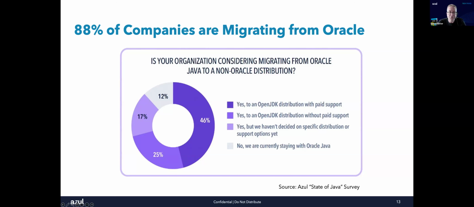But having said that, 46%, so nearly half, already made the decision to move to a supported version, and 17% are still looking at the options. So hopefully, people on the webinar will have helped to educate you on the aspects that you need to consider. And so you will think more carefully about using a supported version over a free version. And then if we move to the next slide, please.